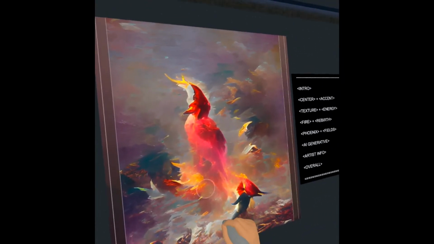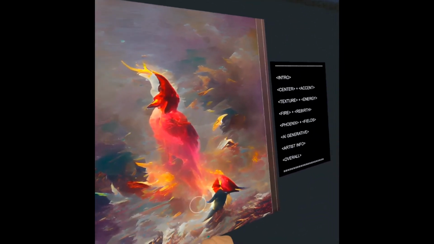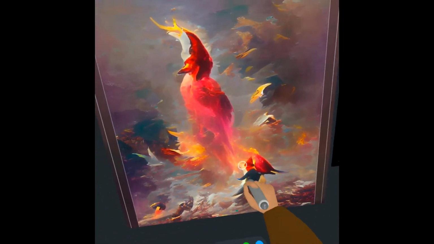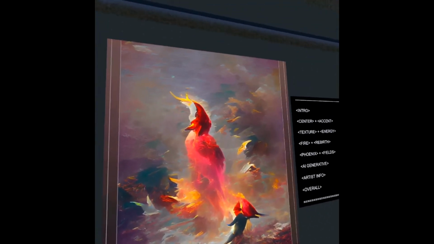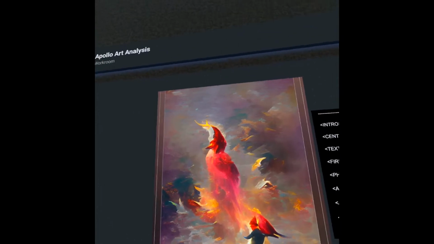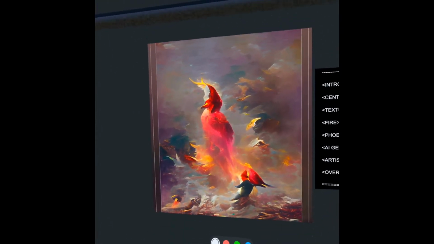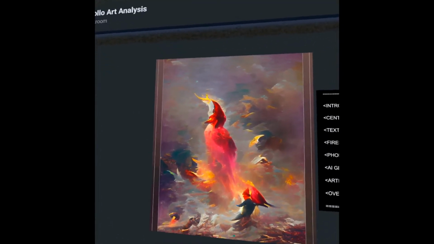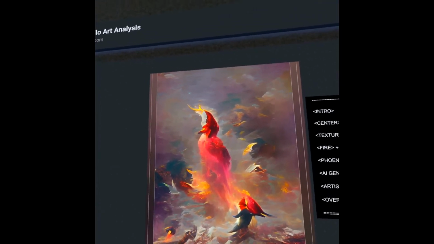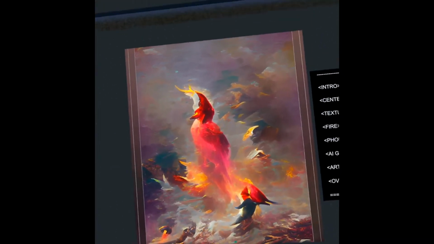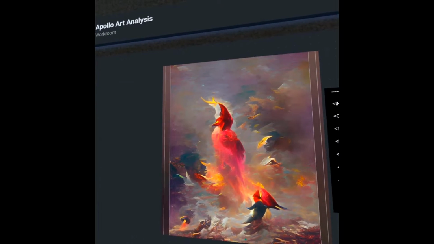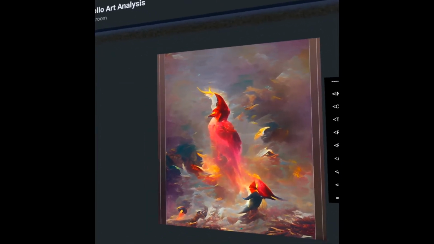So you see a large Phoenix here in the center, and then we see what appear to be other Phoenixes around them as well. And this actually reminded me of the Elysian Fields, and let me know if you guys see that as well. But the Elysian Fields were essentially where legends went to die, and the fields are where all of those legends had passed.